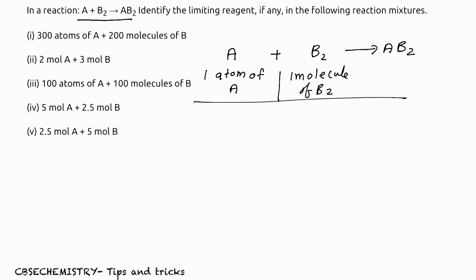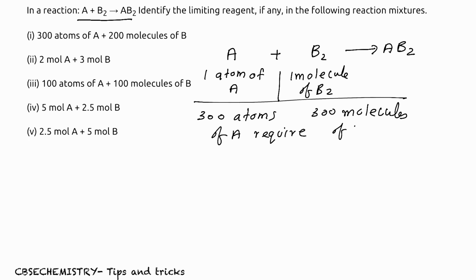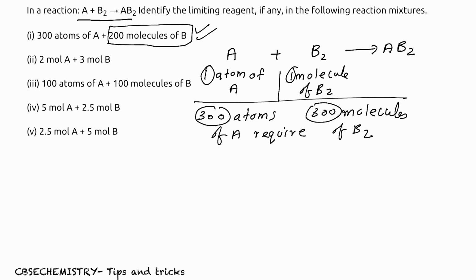So 300 atoms of A require 300 molecules of B2. Correct? One needs one, means 300 needs 300. But how many B2 is there? Just 200. Requirement is 300 but available is only 200.